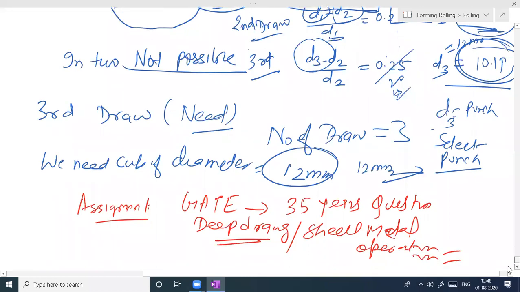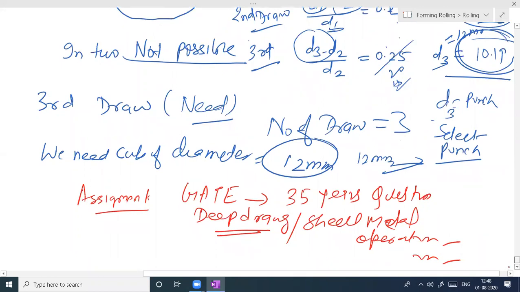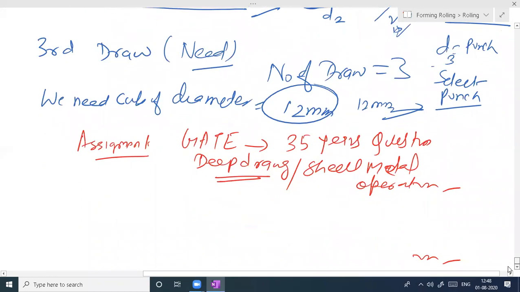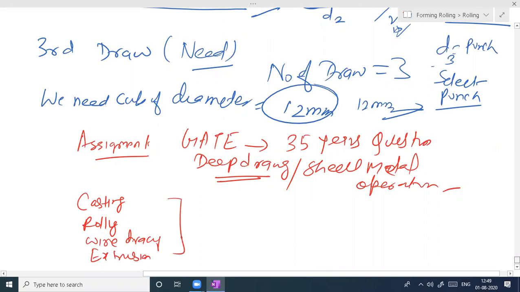So I have covered casting, rolling, wire drawing, extrusion, then sheet metal operation, then deep drawing.